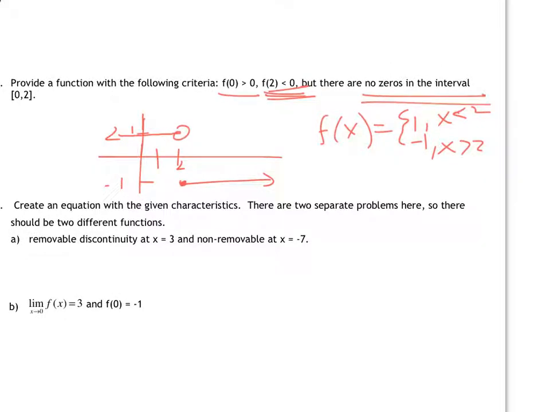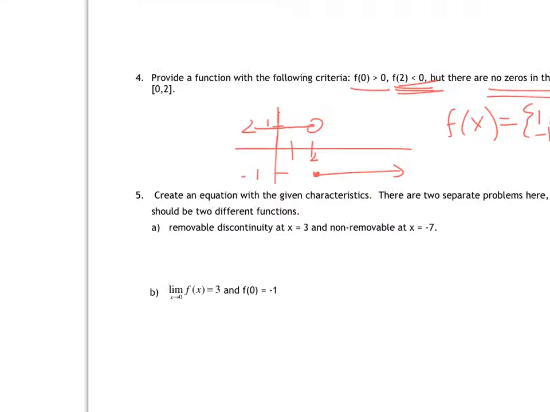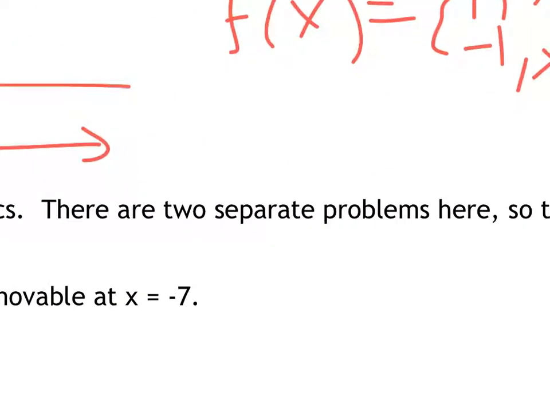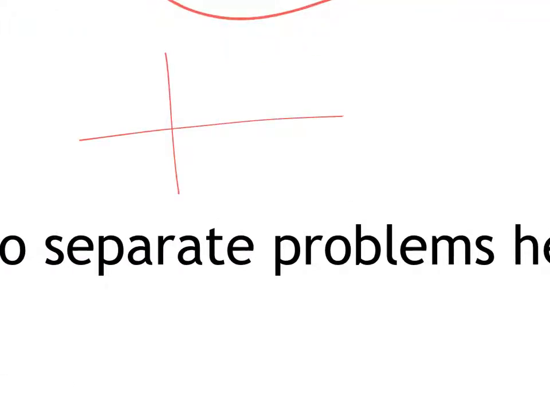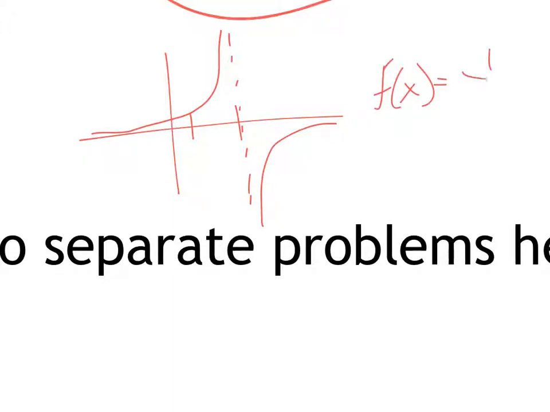We could also have some kind of infinite discontinuity. Again, 2 is the problem. So we could use some kind of asymptote. This is y equals 1 over x, shifted right, so we have 1 over x minus 2.